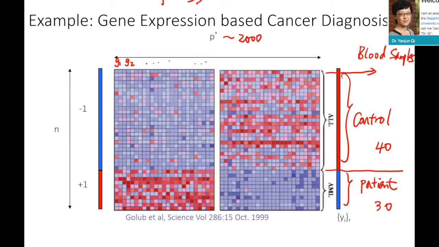This is not a very uncommon case. For a lot of biomedical data, we have the ability to measure thousands or maybe millions of genetic pieces of information, but we don't have that amount of patient information.